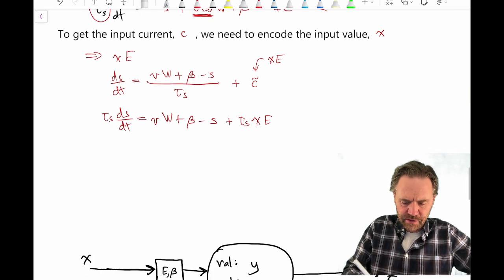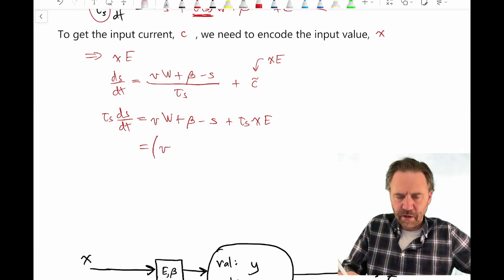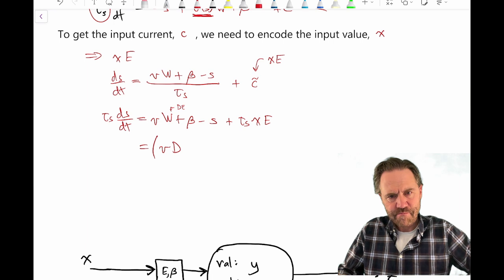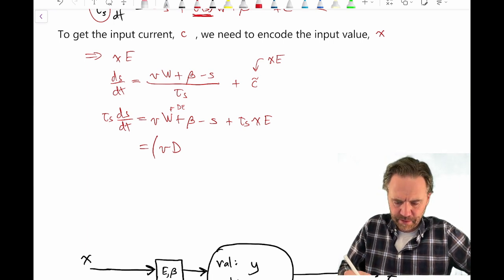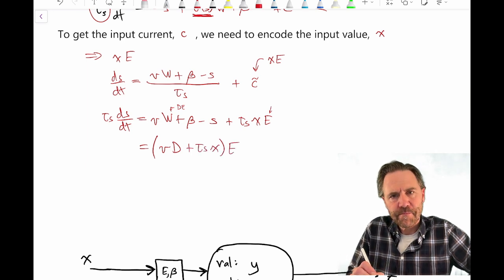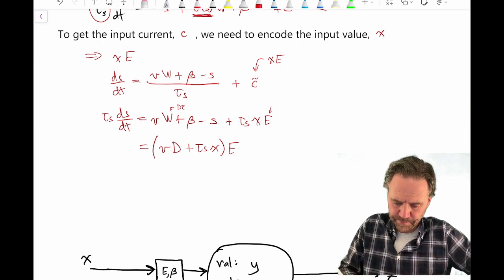Okay, so now manipulating this equation a bit, this W is actually the decoders times the encoders. So I can factor out the decoders. Now I've got an encoder here, so I'm going to put those things in the brackets like that. I just factor the E, the encoders, out.